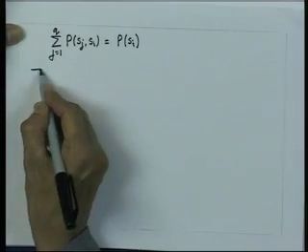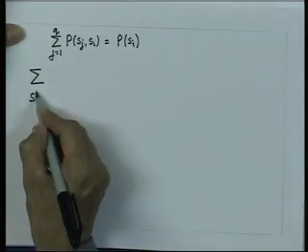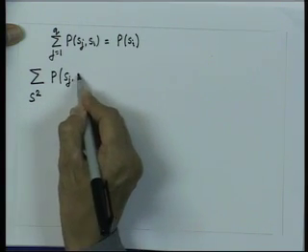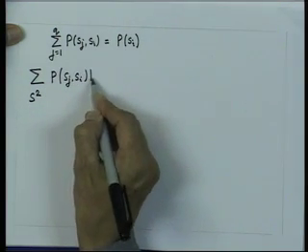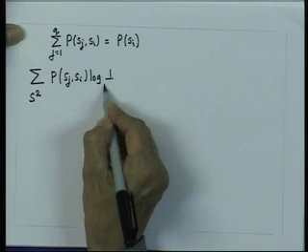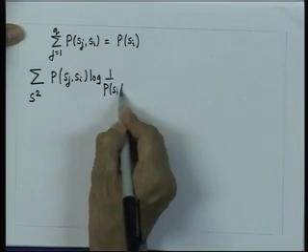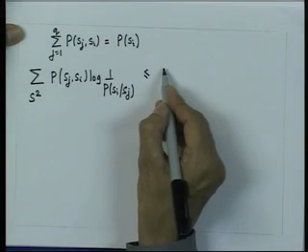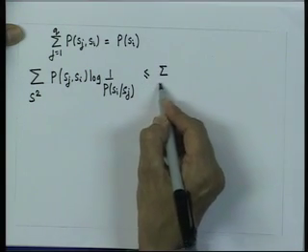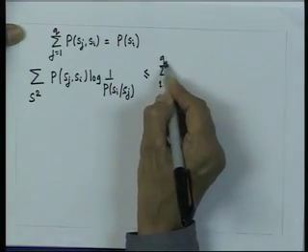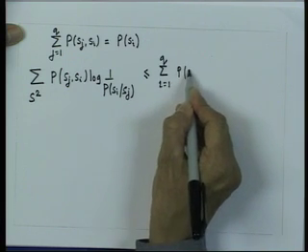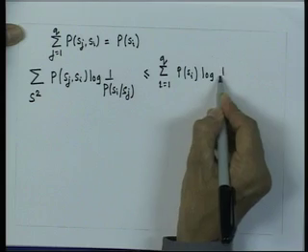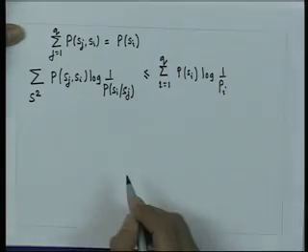So, finally, what I get is the summation over i equal to 1 to q of probability of S_i log of 1 by P_i.